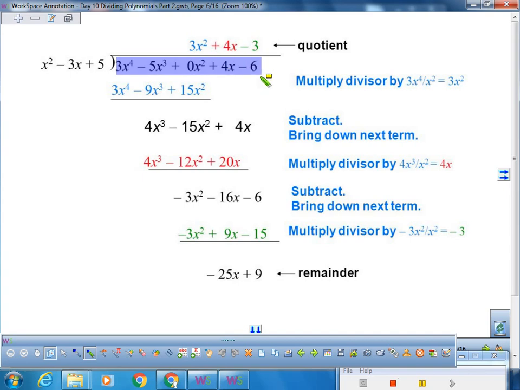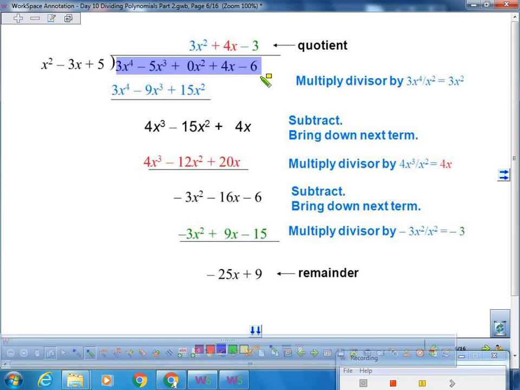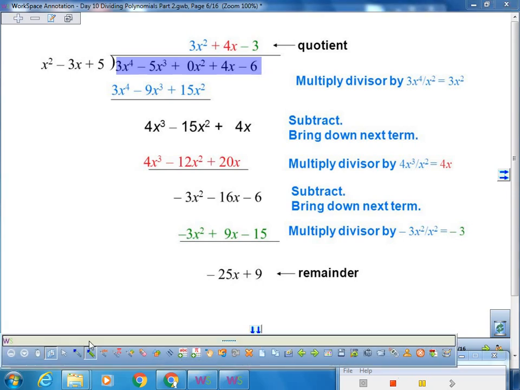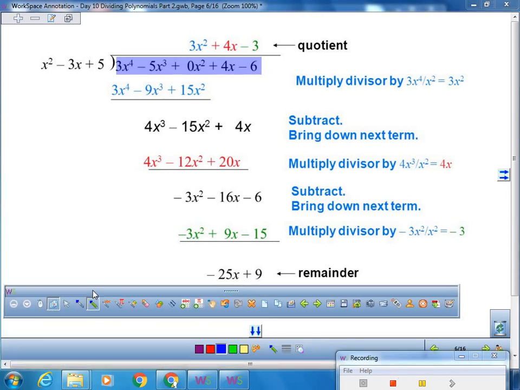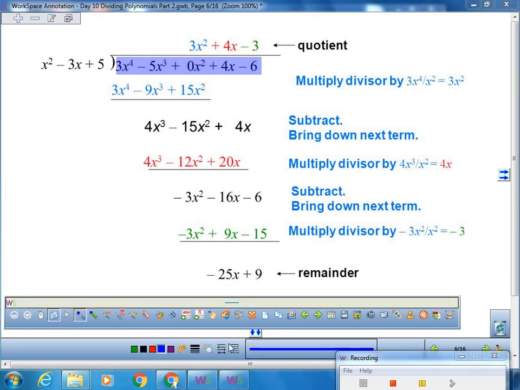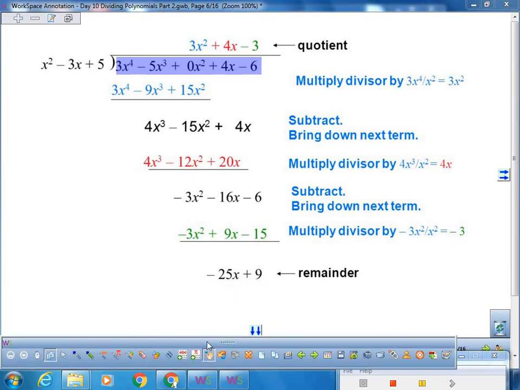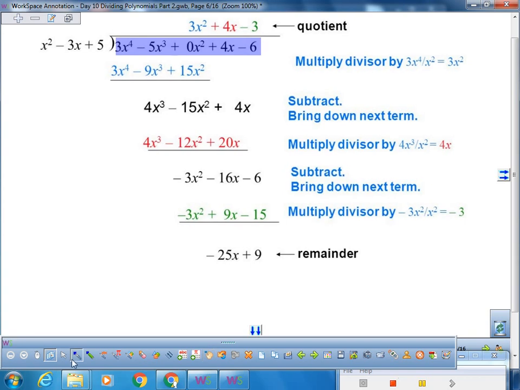This whole dividend right here, right? When it's divided by the divisor, you get the quotient. So this is how I could write this. I'm being a little bit apprehensive because I'm not sure. Yeah, I'll just show you. Okay, 2 ways that you can write this.